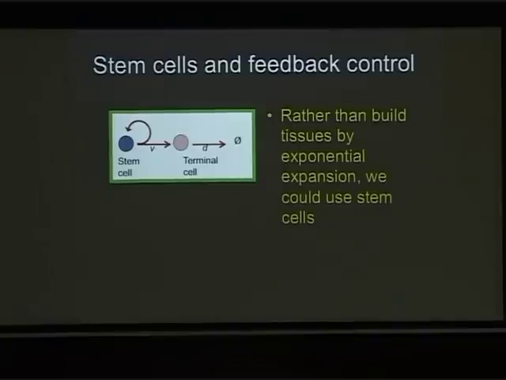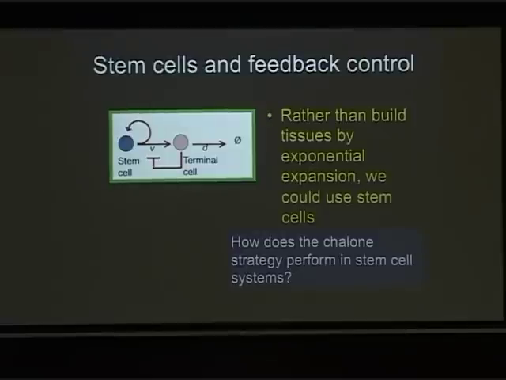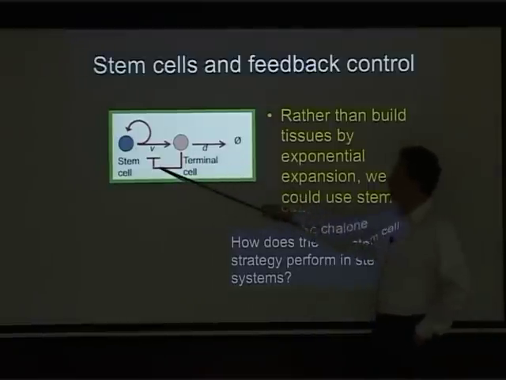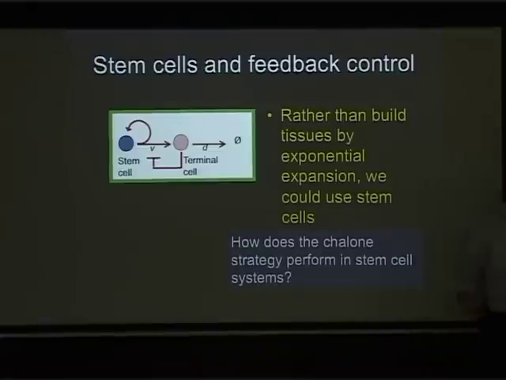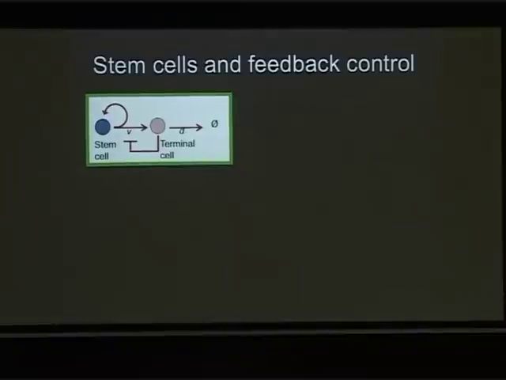All right, so what if we use this same strategy of negative feedback? The terminal cells are now feeding back on the rate at which they're produced by stem cells. That's probably more what Bullock had in mind when he was thinking about this initial chalone hypothesis.